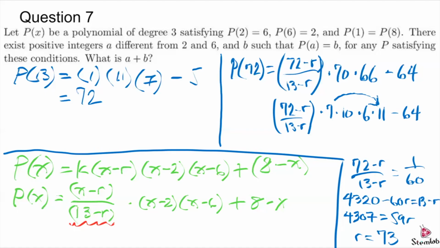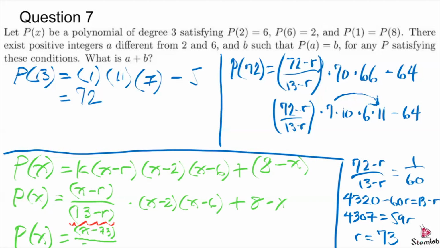So actually, we've found r now. So just for completeness, we can write p of x. So p of x is actually x minus 73, all over 13 minus 73, or negative 60.